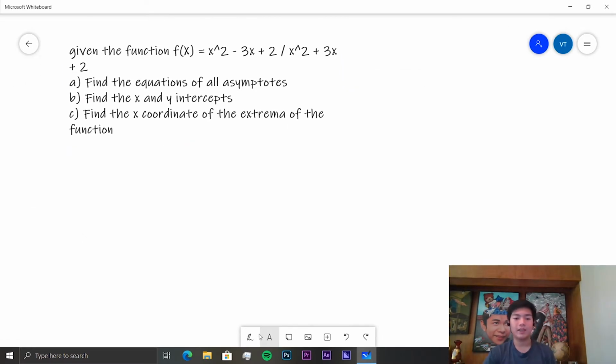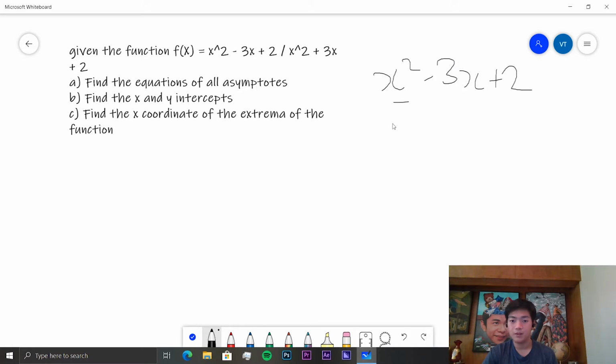Let me just rewrite this because it's not clear here. This is x squared minus 3x plus 2 all over x squared plus 3x plus 2.